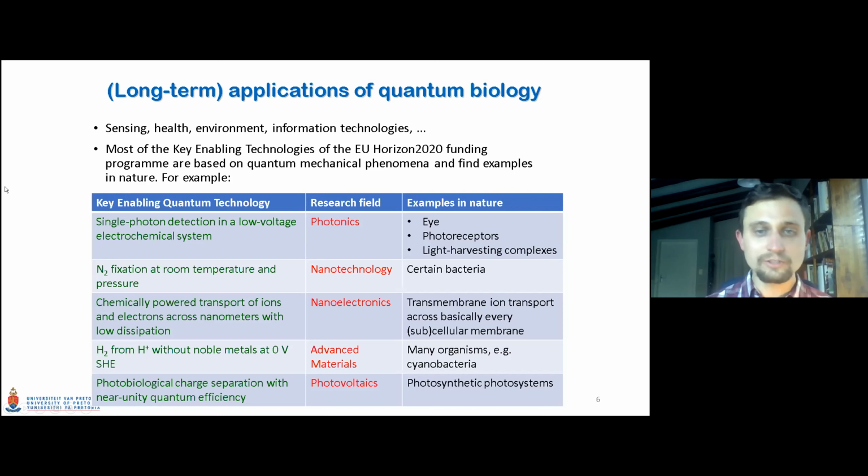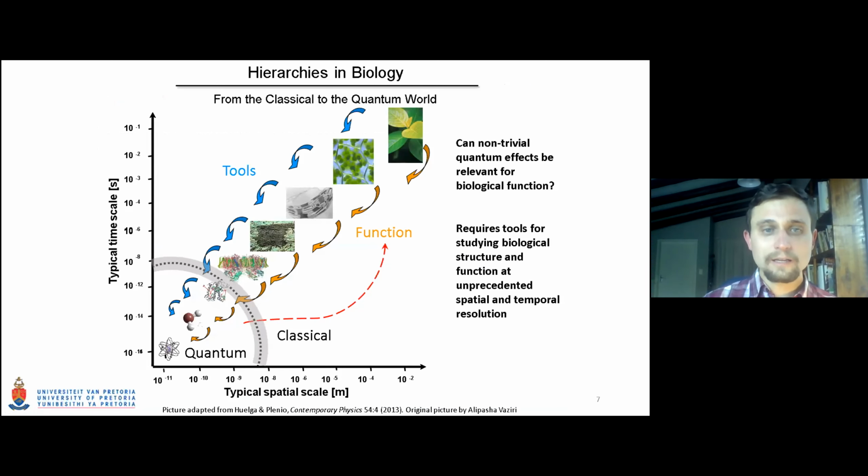So yeah, just a few examples of how much we can learn from these natural systems to advance our own technologies. Okay, this slide, or a modified version of this, I've shown in the first lecture. And here I would like to focus on this very fuzzy border between the classical and the quantum regimes. And what is fascinating is the fact that proteins or macromolecules are on this border.